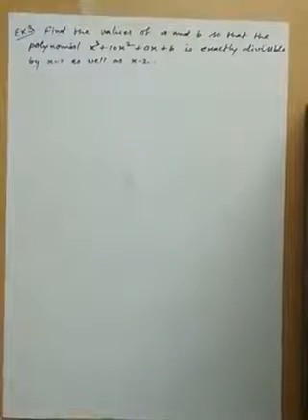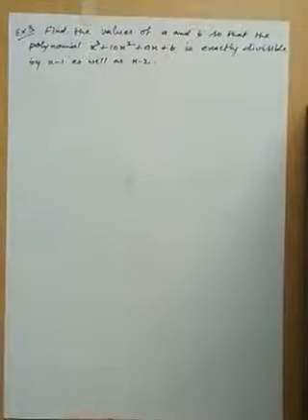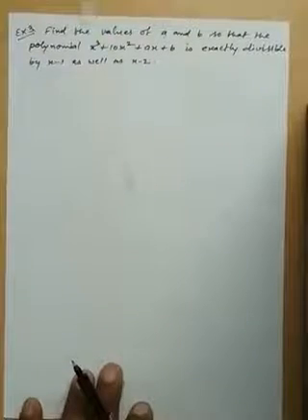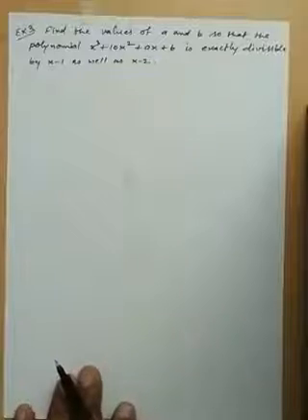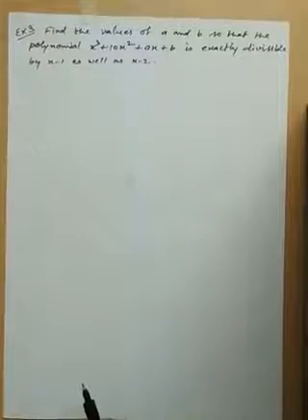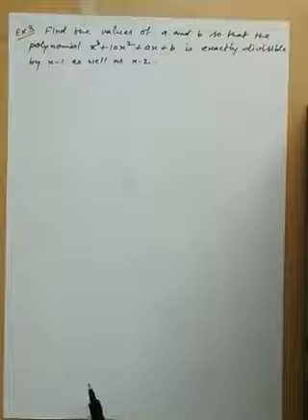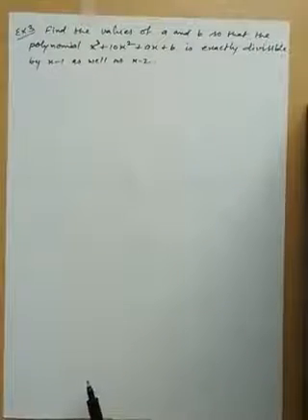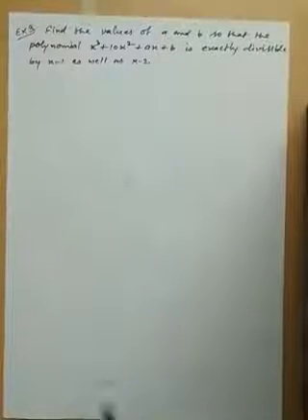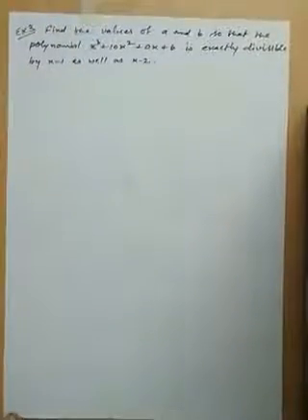Our next question is based on the factor theorem. Find the values of a and b so that the polynomial x cube plus 10x square plus ax plus b is exactly divisible by x minus 1 as well as x minus 2.